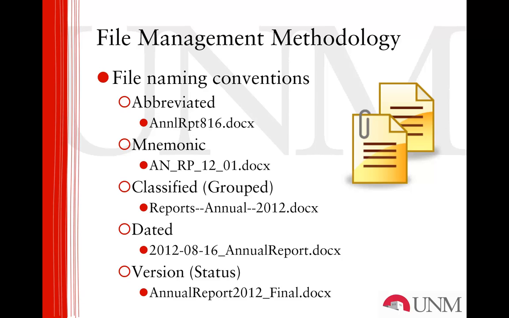So this is an annual report that I've got here as an example on the slide. We can do several different types of naming that provide good sorting and good visual recognition and retrieval of the files.